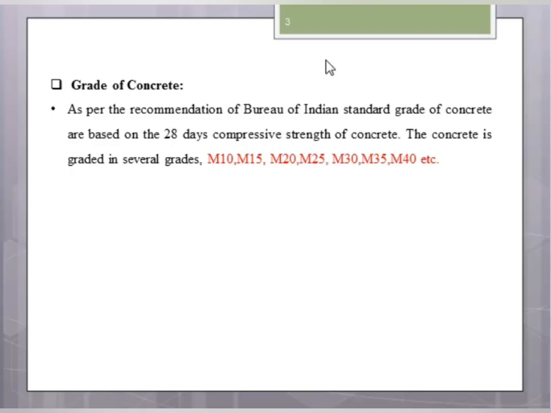As per the recommendations of the IS, Indian Standard Code, it is on the basis of 28 days compressive strength. Suppose the grade of concrete mentioned is M30. That number is nothing but your 28 days compressive strength, 30 Newton per mm square, and M stands for mix. So that is your grade of concrete.